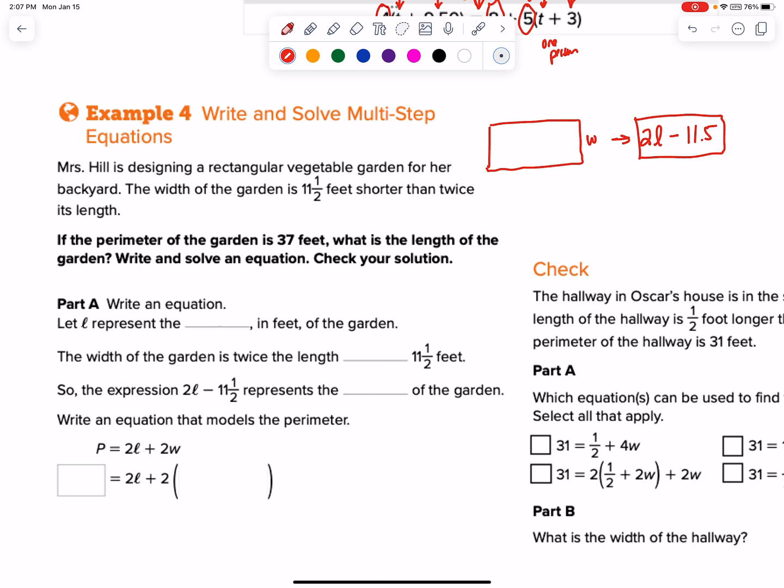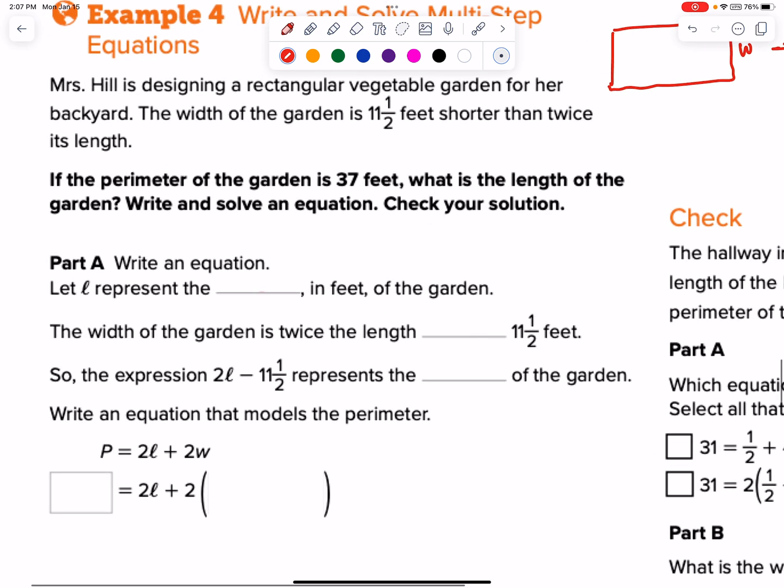If the perimeter of the garden, meaning adding up all the sides, is 37 feet, what is the length of the garden? And so we're letting L represent the length in feet of the garden.